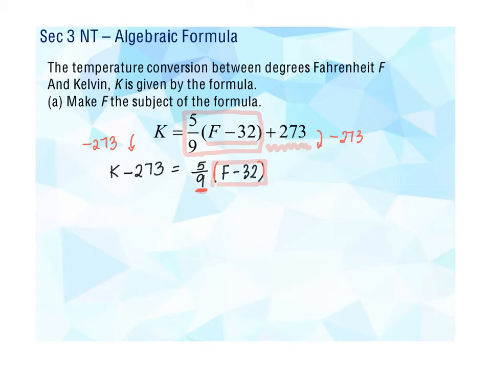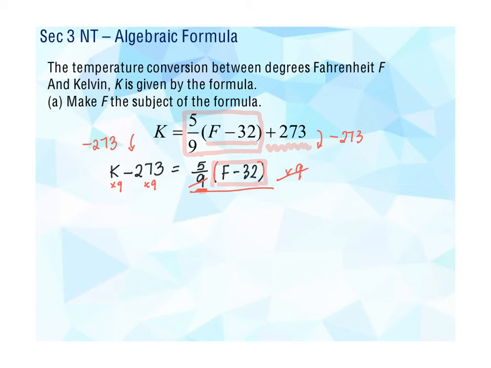What can I do? I'll need to multiply by 9 to every single term. So I'll multiply by 9, and this whole thing here, multiply by 9. The moment I do this, 9 and 9 cancel away.